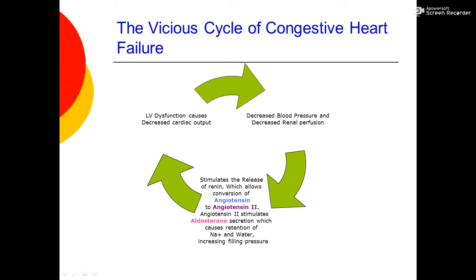So left ventricular dysfunction causes decreased cardiac output, and when the cardiac output decreases, the supply of blood to our heart becomes decreased. As a result of decreased renal perfusion and many more complications, the vicious cycle is established, like stimulation and release of renin.